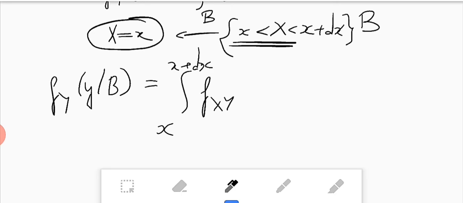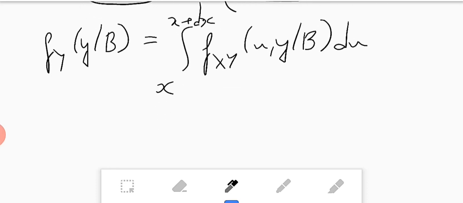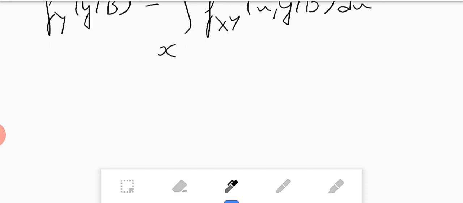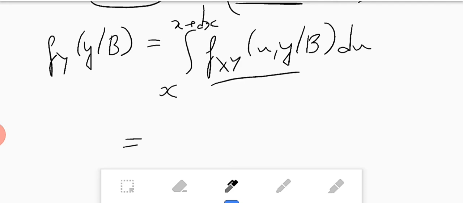And your conditional joint PDF with respect to du over here. Once you integrate this, how will you integrate this? For that, you will have to substitute this. So what does that give you? X plus dx.